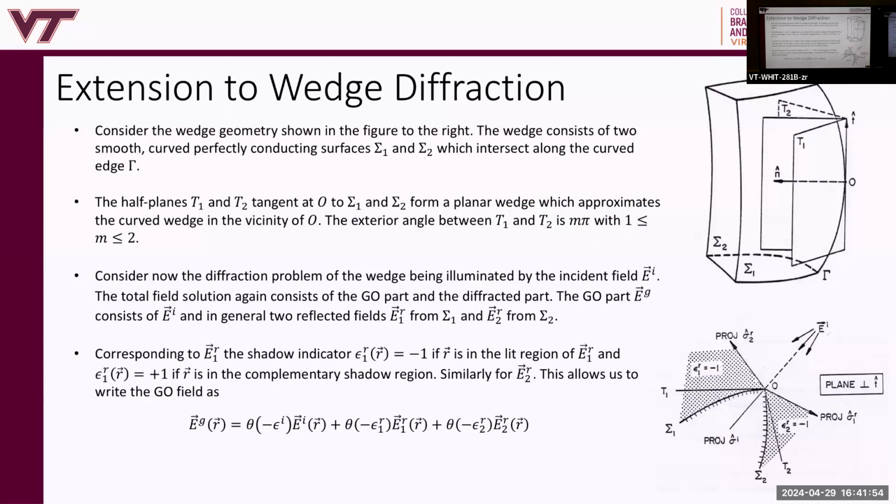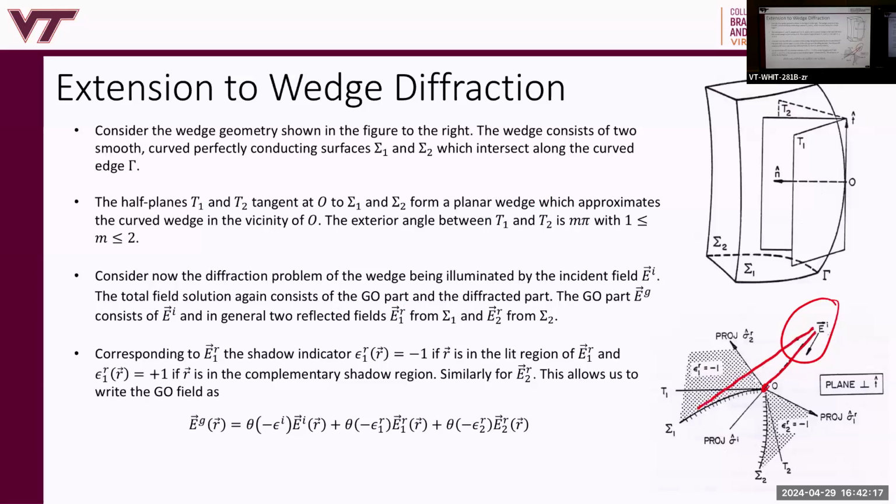Consider now the diffraction problem of the wedge being illuminated by the incident field E incident. The total field solution again consists of the geometrical optics part and the diffracted part. The geometrical optics part, E G, consists of E incident and in general two reflected rays, one from each face, if you illuminate both faces. So in this example, we're illuminating both faces, right?